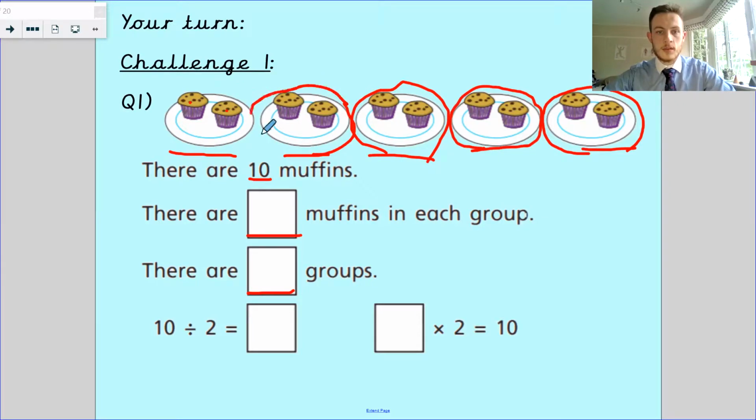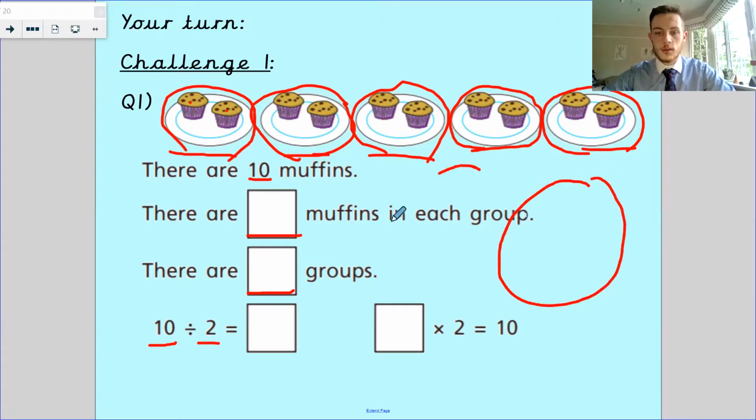Okay, do one last group to show you. The question then says 10, which was your total, divided into 2 groups. So that would be 1, 2. How many muffins would go in each group?